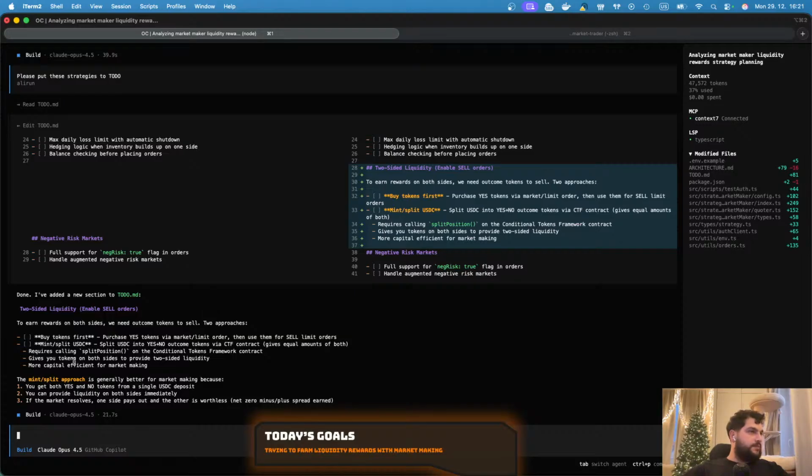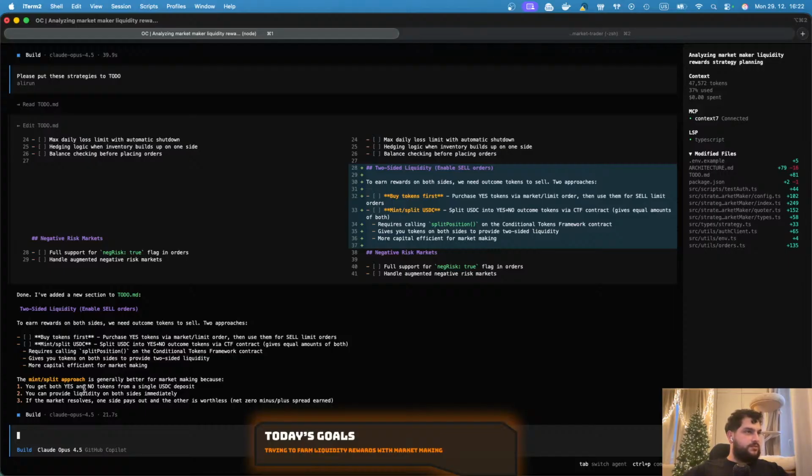The mint split approach. Okay, I've added two-sided liquidity to earn rewards on both sides: buy tokens and use them to sell, or mint split USDC into yes plus no outcome tokens via the CTF contract. It gives an equal amount of both. It requires calling split position on the conditional tokens framework contract.